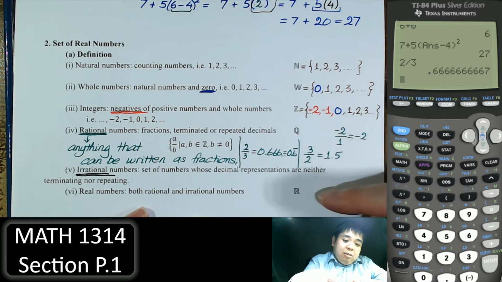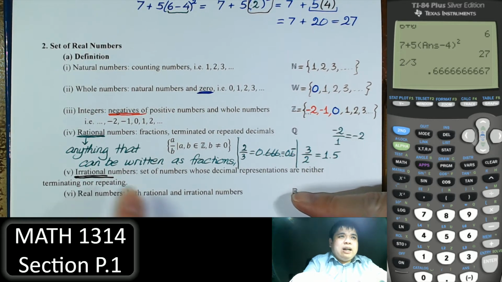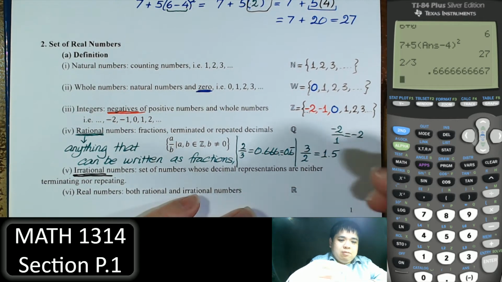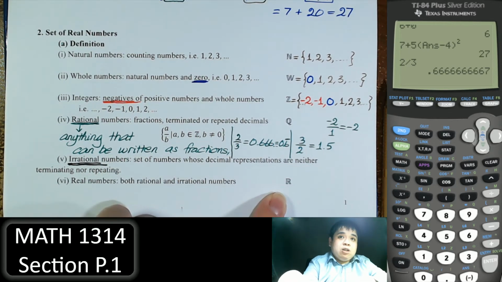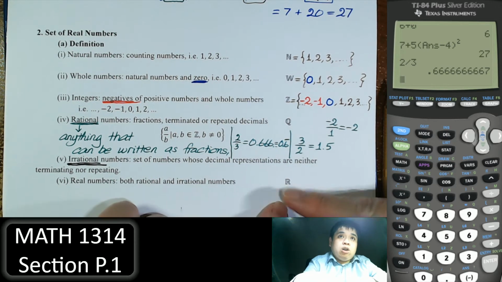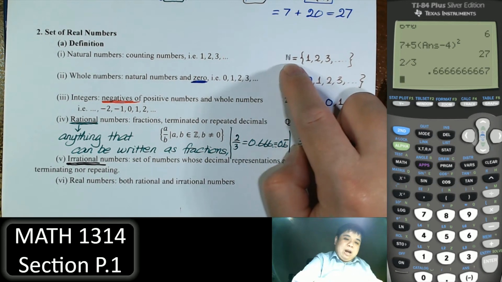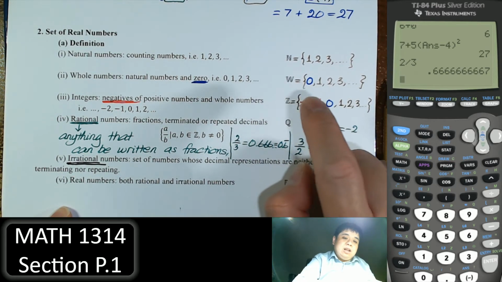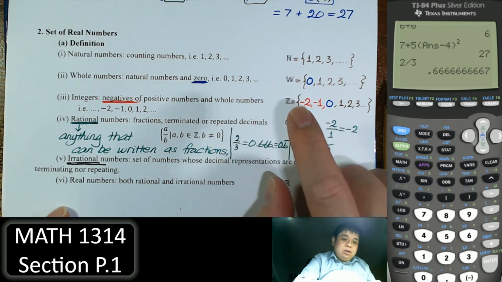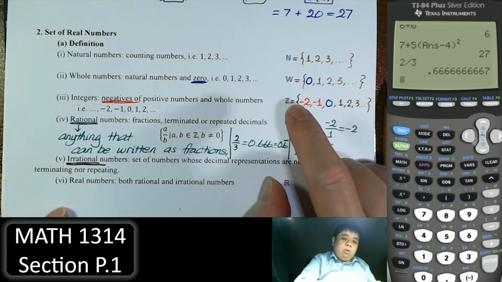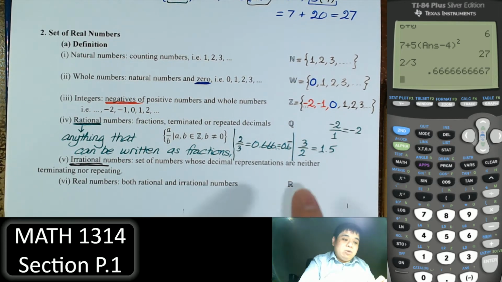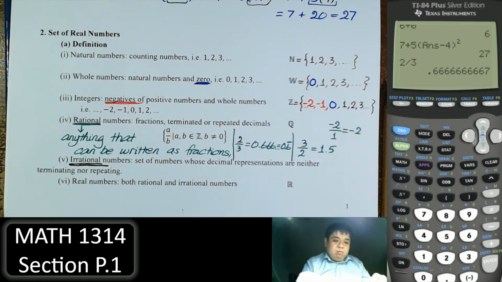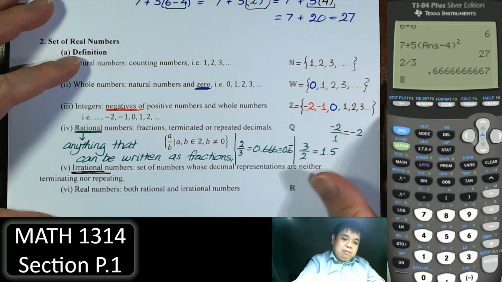And then irrational numbers, they have no significant symbol. And then we have real numbers written in English, so it starts with R, so that makes sense. So natural numbers N, whole numbers W, Z integers, Q rational numbers, and we don't have anything for irrational, and then we have real numbers. Include everything, right?